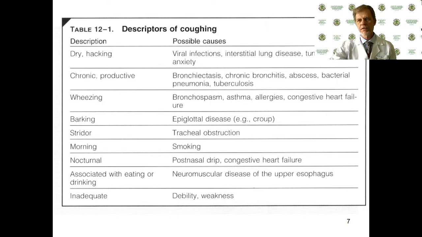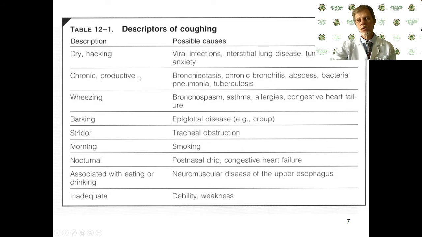Now we have different descriptions of coughing. There are different types of coughing. For example, dry, hacking coughing is typical for viral infections. And again, remember about COVID-19, one of the main signs is dry, hacking, non-productive coughing. Dry, non-productive coughing is also due to interstitial pneumonia.